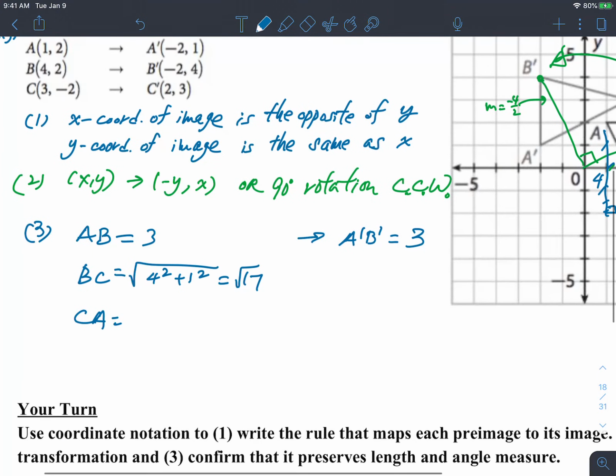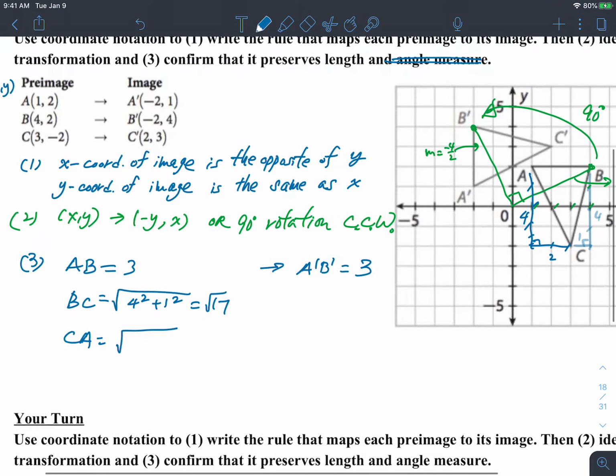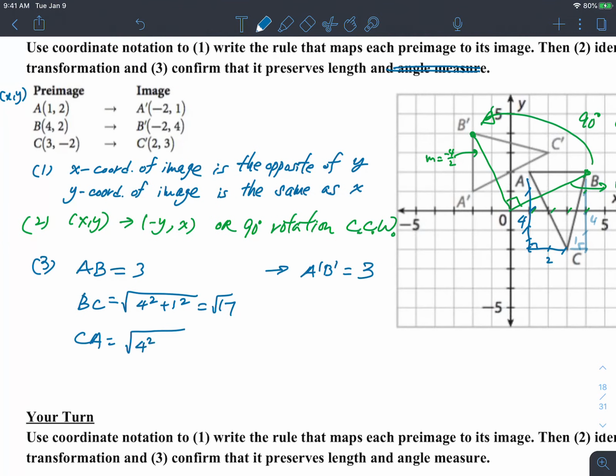So using the formula, let me just keep that in the picture, 4 squared plus 2 squared, so that's 16 plus 4, which is root 20. Now, we should be able to simplify this, but for now, for the sake of comparison, we're not stating what the exact answer is. We're more interested in whether it is the same length. So let's just leave it like that.